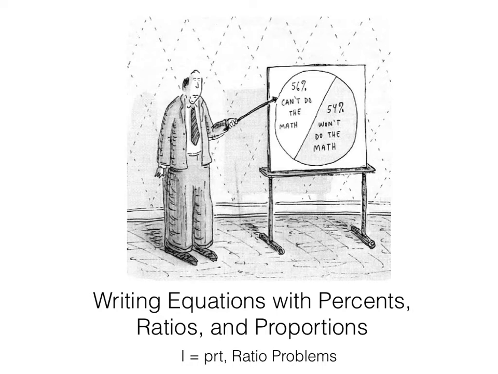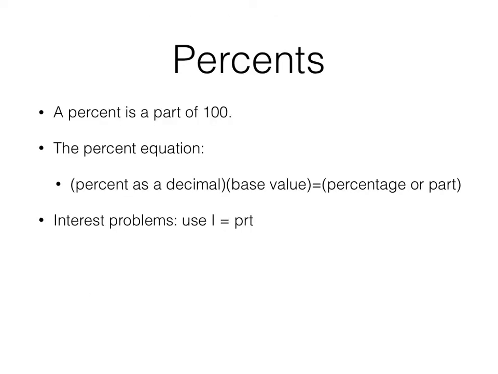So let's start with talking about percents. A percent is a part of 100. That's what per and cent mean. Per, part of, cent, 100. The percent equation: you used a proportion and you should have also used an equation in pre-algebra.